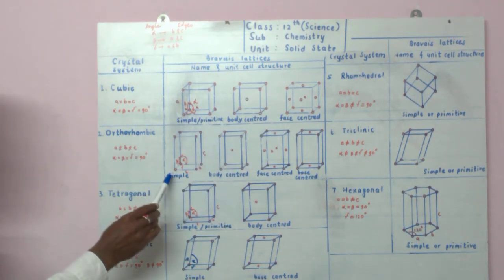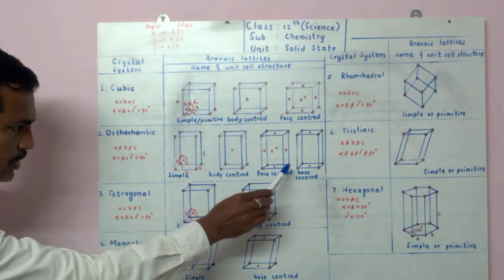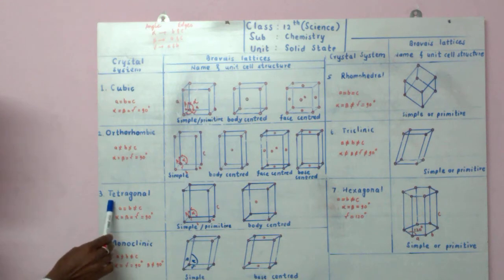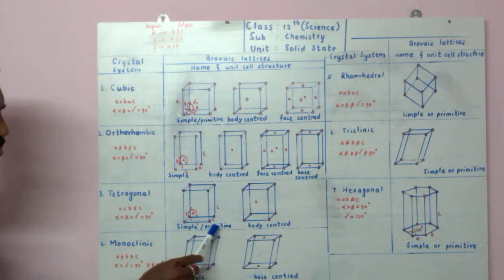Orthorhombic is of 4 types: simple, body centered, face centered, and base centered. Tetragonal is of 2 types: simple or primitive and body centered. Then monoclinic is of two types, simple and base centered.